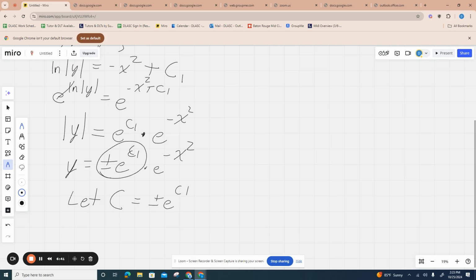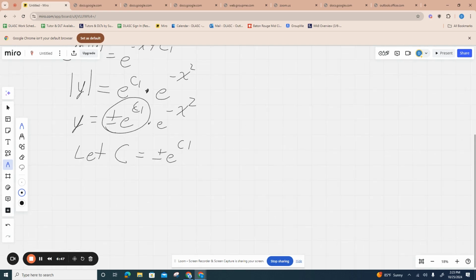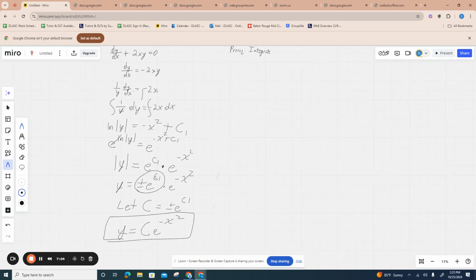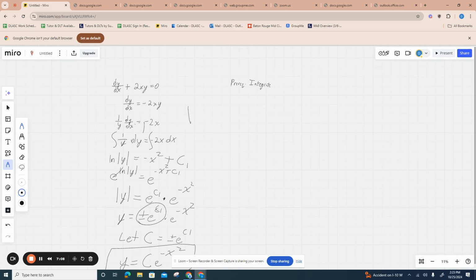And so when we substitute that in, we get y equals C e to the negative x squared. And this is the general solution to our differential equation that we started with, dy over dx plus 2xy equals 0.